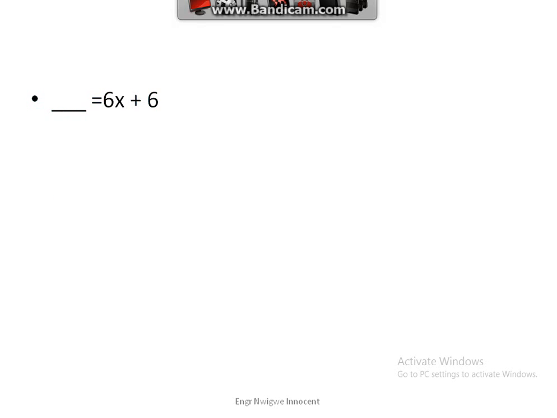Example: dy over dx is equal to 6x plus 6.